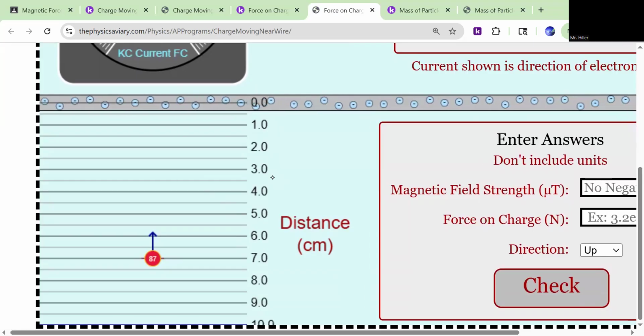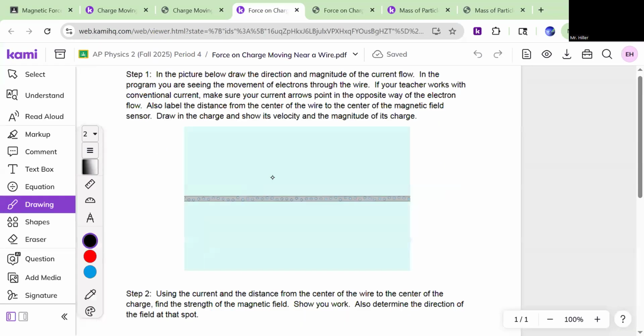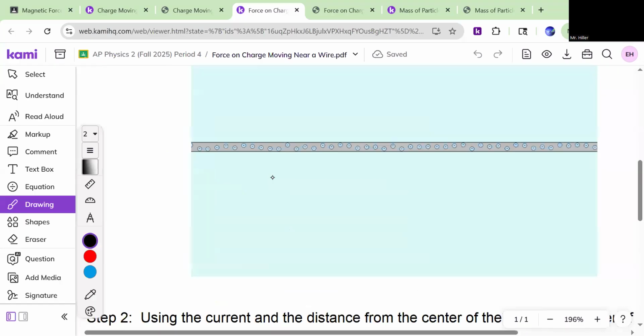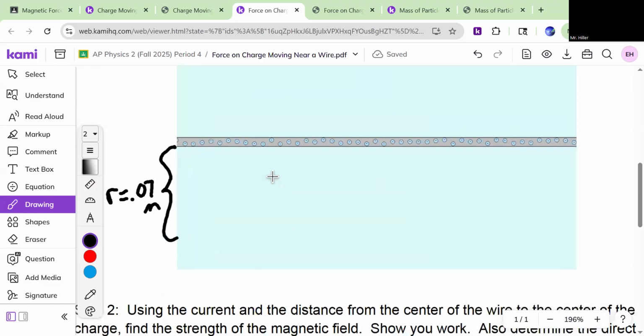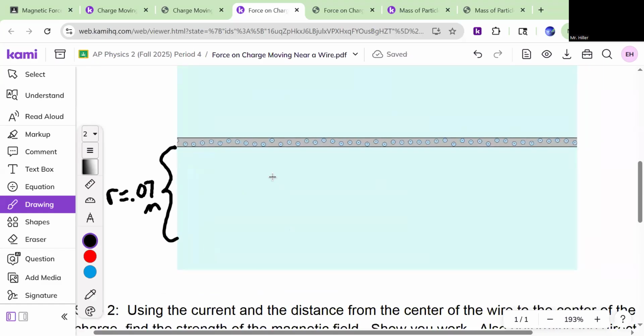You can see that the distance of my charge is exactly 7 centimeters from my wire. So I'm going to draw that. My distance R would be 0.07 meters. Now keep in mind, if the electron flow is this way, that means conventional current goes this way.